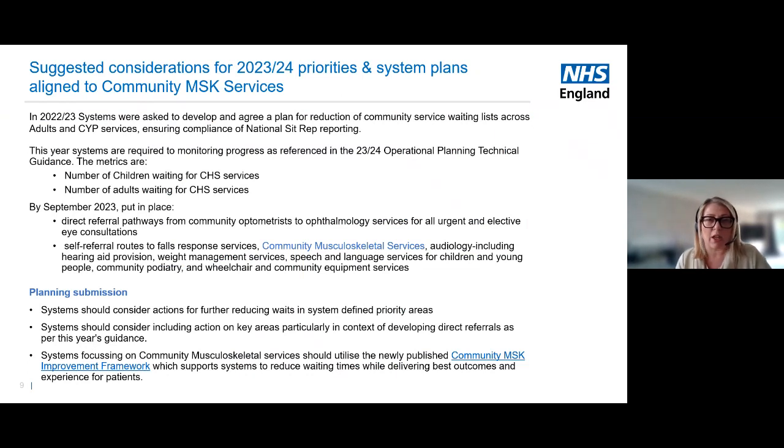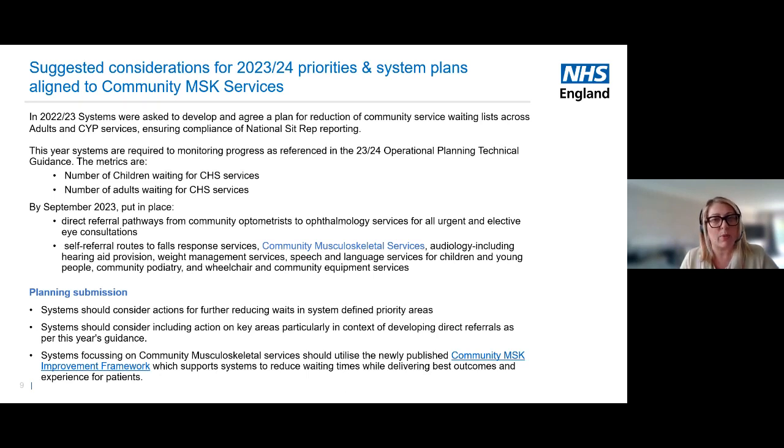As Ian alluded to before, the improvement framework is a product of 2 years' work, really, in terms of recovery in community. And you'll be aware that last year in the operational planning guidance systems were asked to develop and agree plans for a reduction of community waits across adults and children and young people services, and ensuring that they were complying with national reporting of data in terms of the SITREP, but also in terms of other areas of data collection.